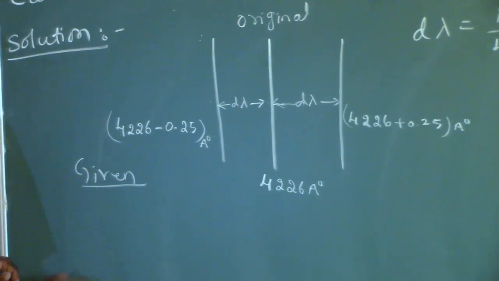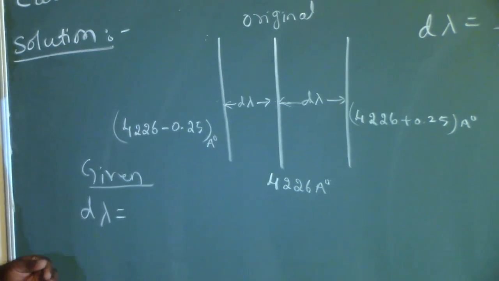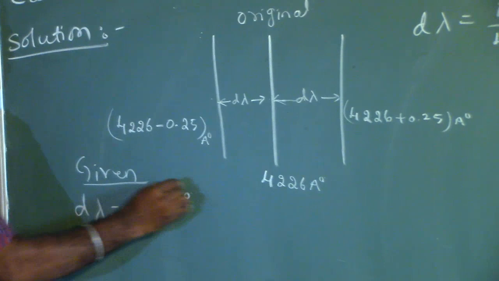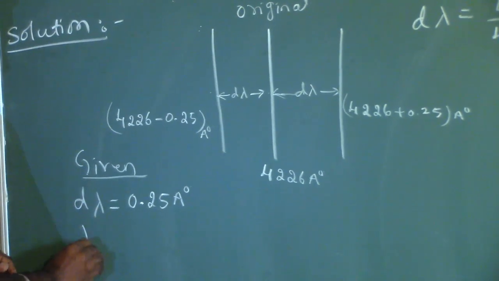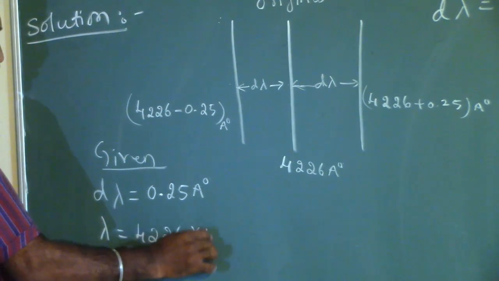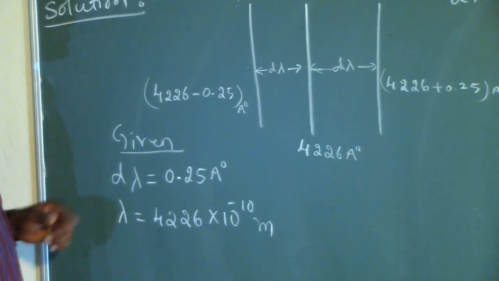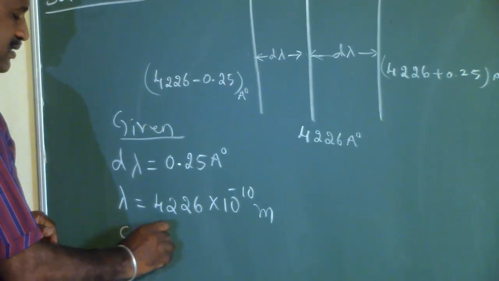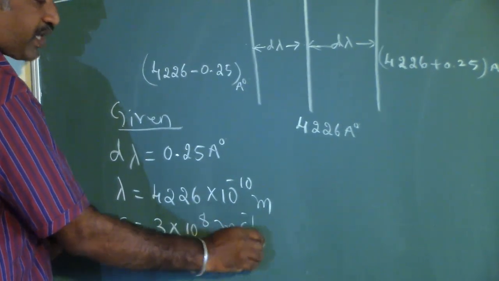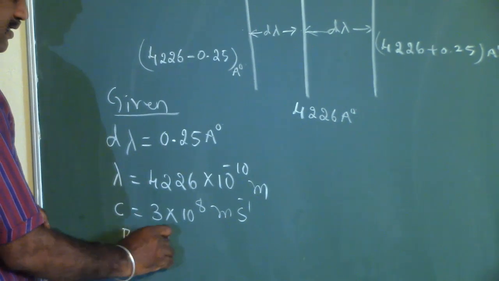They have given d lambda, the shift in the Zeeman, that is 0.25 Angstrom, and the wavelength of the original line, that is 4226 Angstrom. 1 Angstrom is equal to 10 to the power of minus 10 meter, and we know that the speed of light is 3 into 10 to the power of 8 meter per second. They have also given the strength of the magnetic field, B, as 3 Tesla.